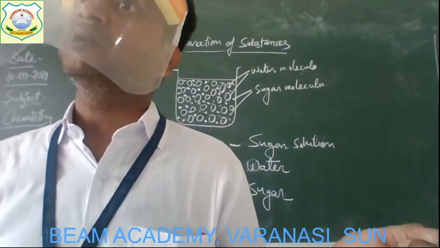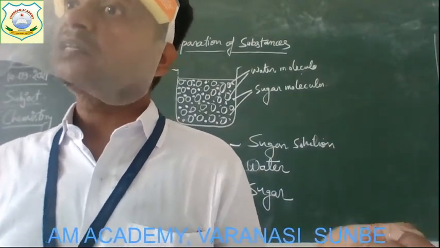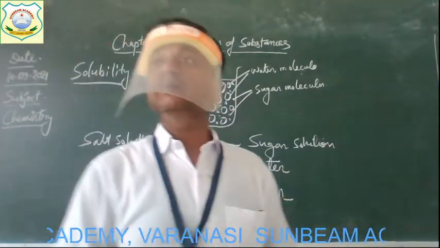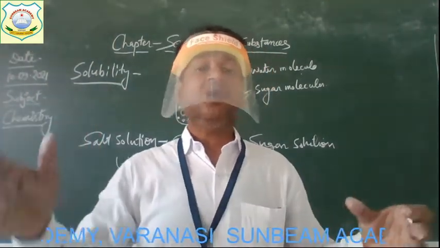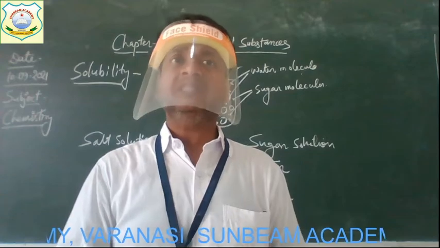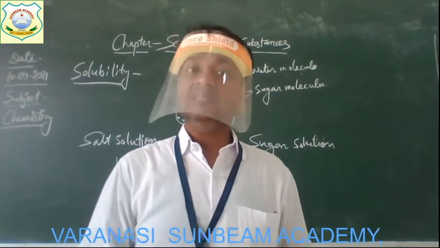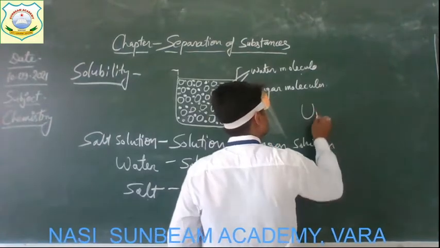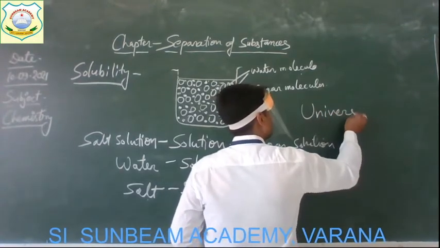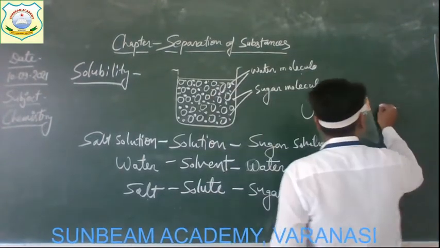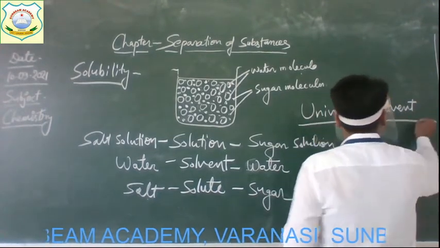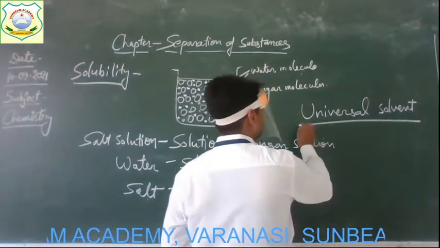From the water, because the water has dissolved oxygen gas. So that is why it is said that water can dissolve a large number of substances in it. And this is the reason water is also known as universal solvent. Water is known as what?